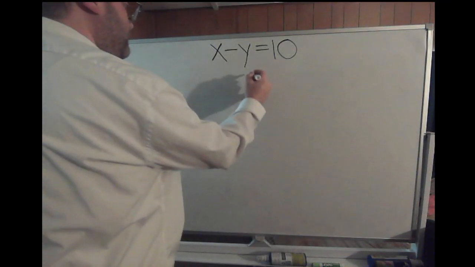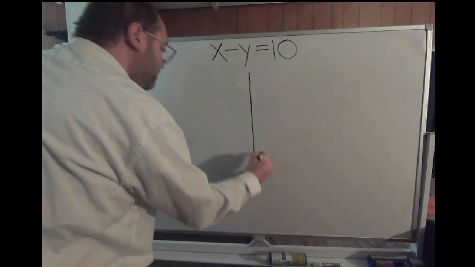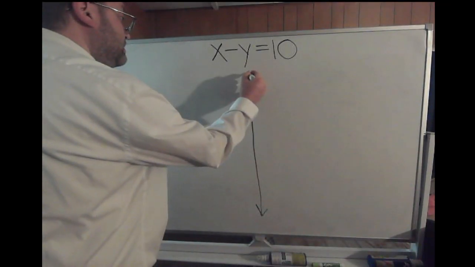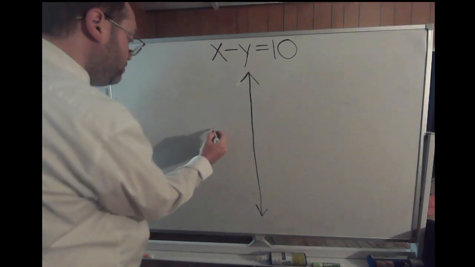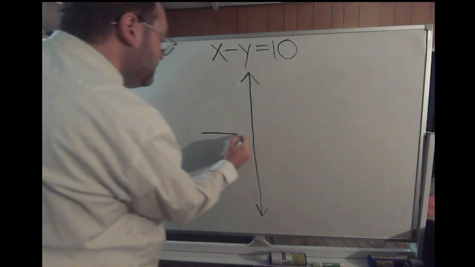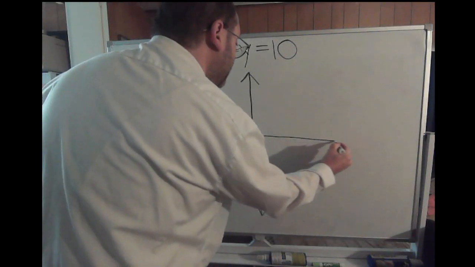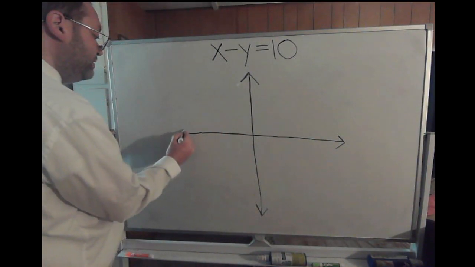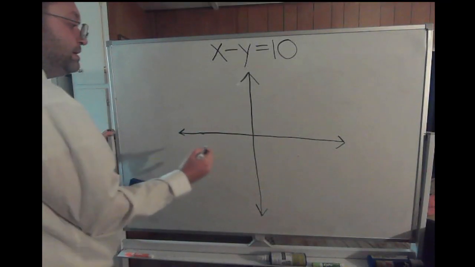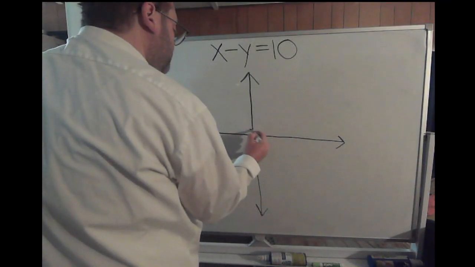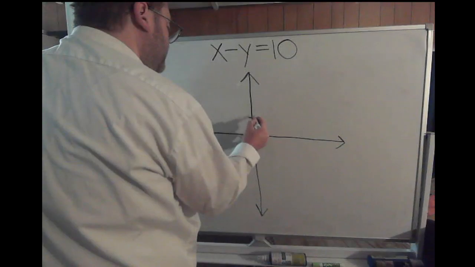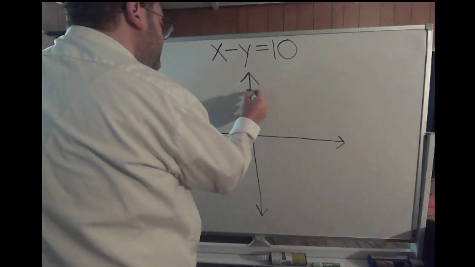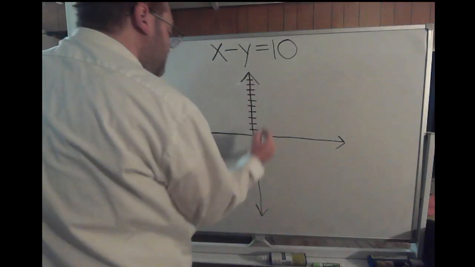So, let's draw our coordinate plane. Everybody should be familiar by now with the x and y axis of a coordinate plane. I would hope so. Alright, let's see. 1, 2, 3, 4, 5, 6, 7, 8, 9, 10.